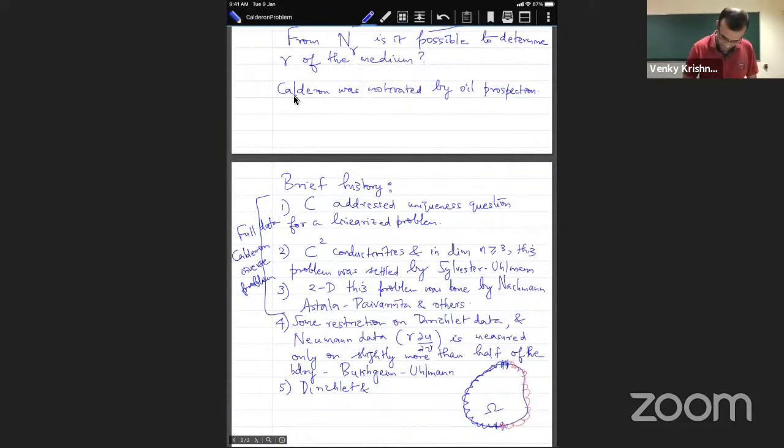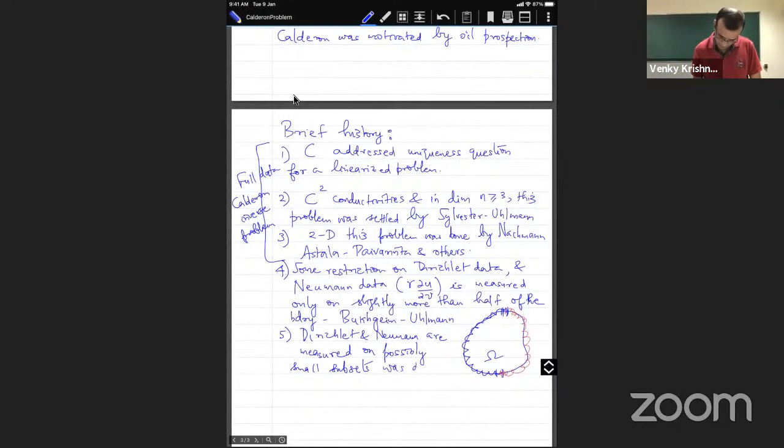Now, the case in which Dirichlet and Neumann data are measured on possibly small subsets was done by Kenig, Sjöstrand, and Uhlmann.